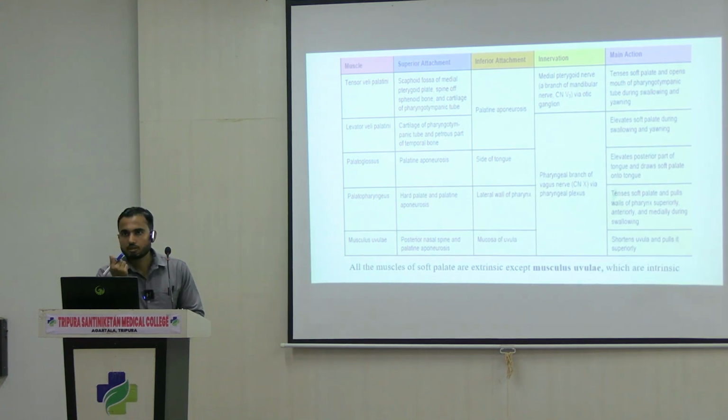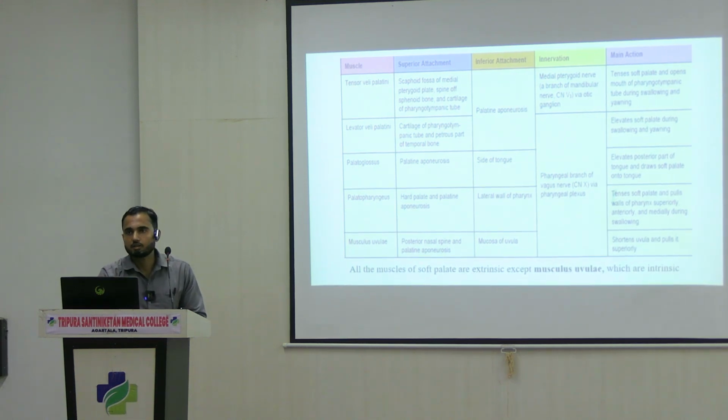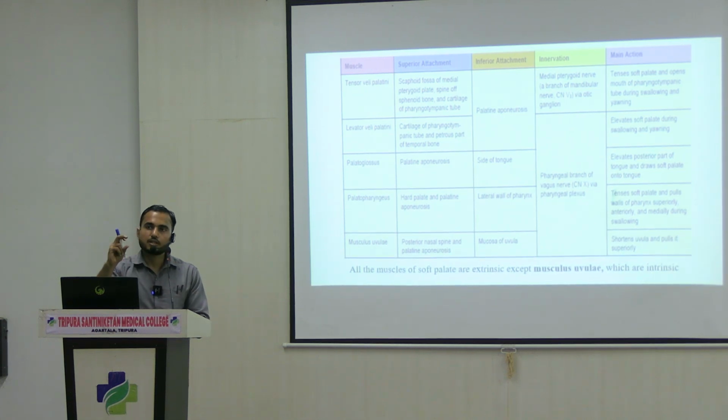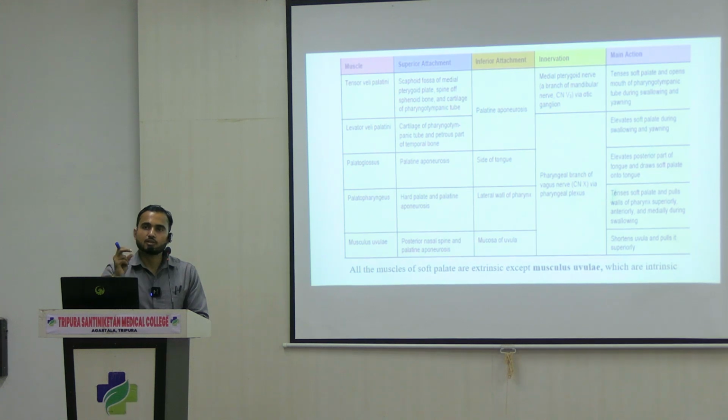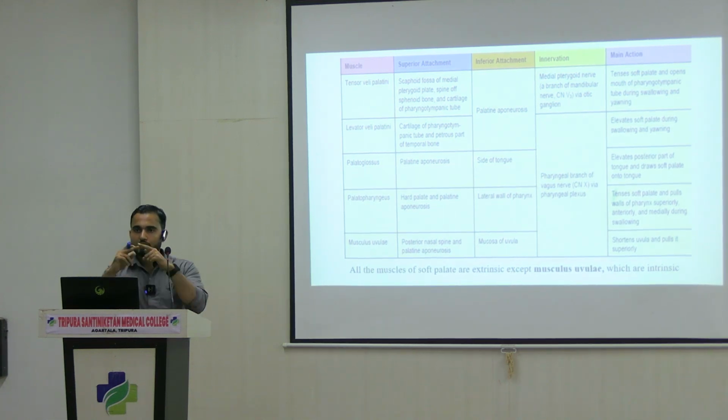It is a tongue-like structure which is hanging from the inferior aspect of the soft palate. If you see, it is mainly made up of muscle, that is the musculus uvuli, and it is covered by a mucous membrane, the uvula. From the uvula, two folds extend downwards and laterally, the anterior fold and the posterior fold.